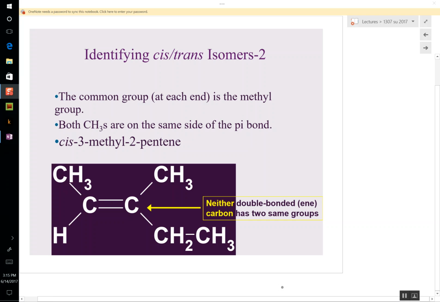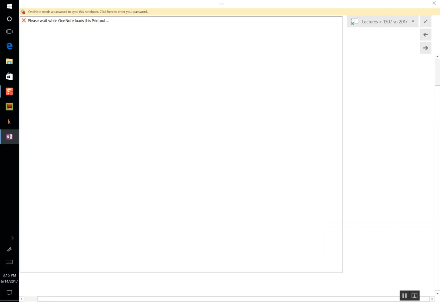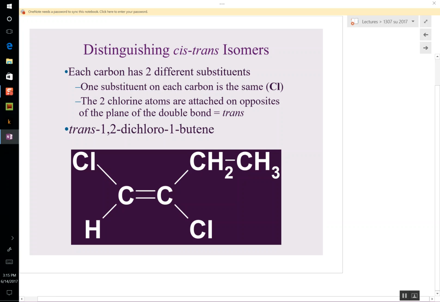Okay, I think the very next slide, well, there's another example, trans-1,2-dichloro-1-butene. So this is 1-butene, but if you went through those 3 questions, that's different from that, yes. That's different from that, yes.